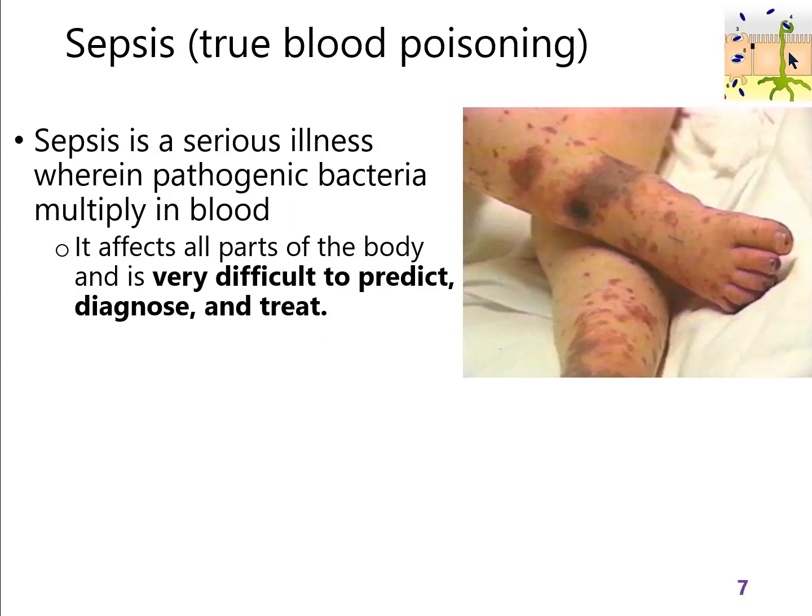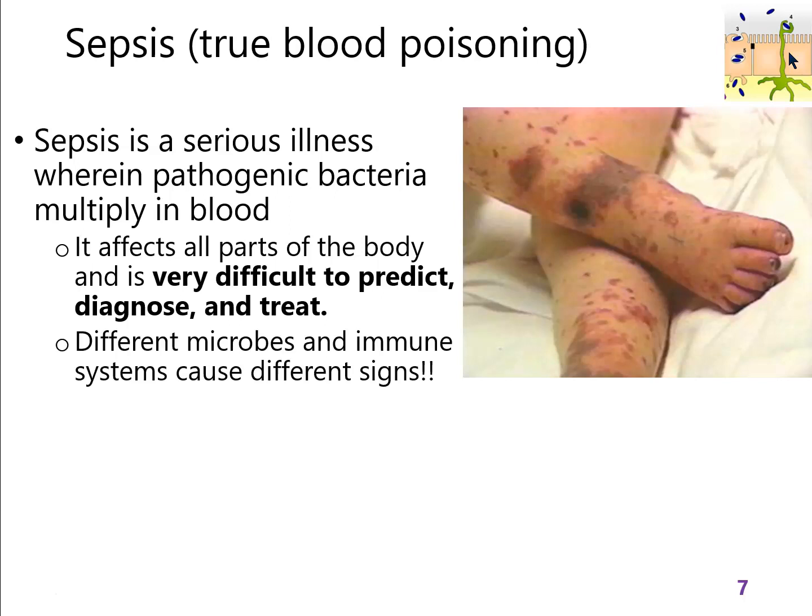The issue is that there are a lot of different things that can cause sepsis. Fungi, protists, bacteria can all do this. And depending on exactly how the immune system responds to them, you'll see different signs in the case of sepsis. Often a patient will be so sick that they won't be telling you about their symptoms, so you really are looking for the signs. I can't give you a diagnosis guide to sepsis.